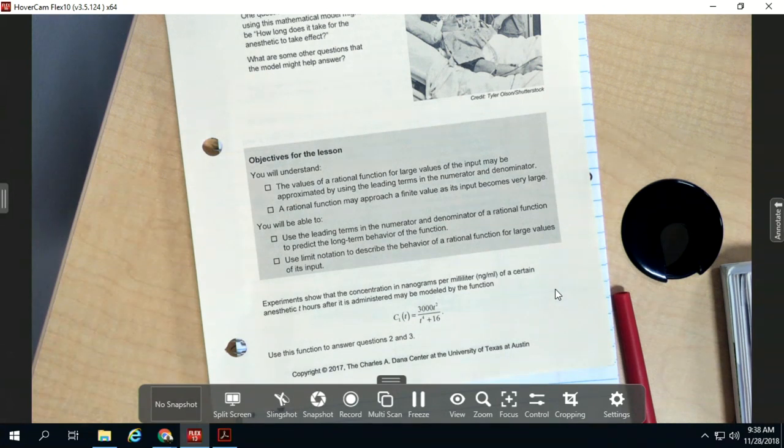During which period of time does that take place? You could use algebra to solve it, right? But I think in this case, graphing it in Desmos will be a much better solution to our problem. So let's graph it and see what we get.